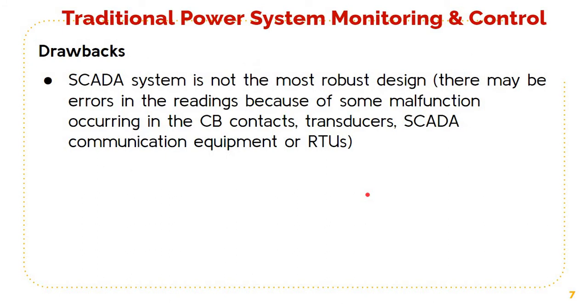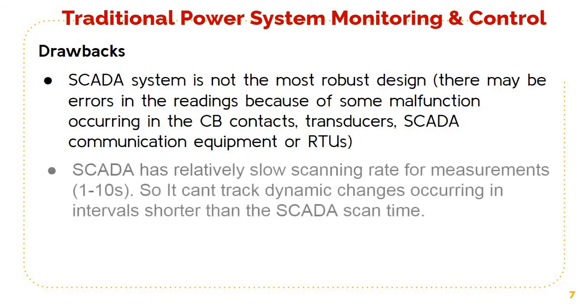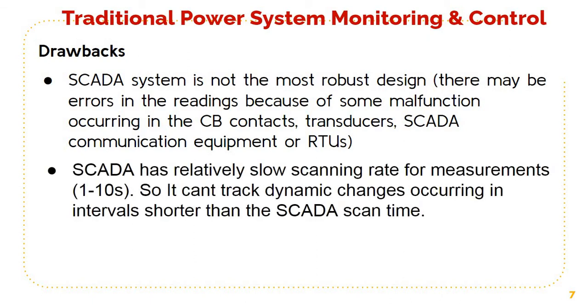Now the drawback of this system is the design of SCADA is not robust. There may be some errors because of some malfunction occurring in the CB contacts, transducers, communication equipment or RTUs. Secondly, SCADA has a relatively slow scanning rate for measurements, 1 to 10 seconds.